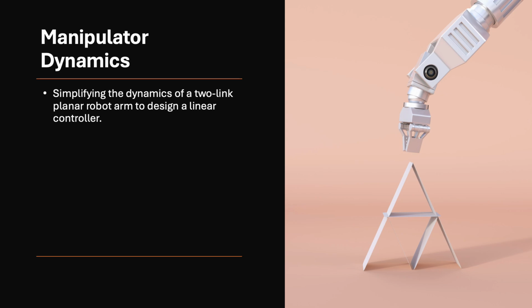Advanced control techniques such as computed torque control or adaptive control may be employed to handle these nonlinear dynamics effectively. By accurately modeling and controlling the manipulator dynamics, a robotic arm can perform precise and repeatable tasks, enhancing productivity and quality in the manufacturing process. This example highlights the importance of understanding and managing manipulator dynamics in achieving high performance robotic systems.